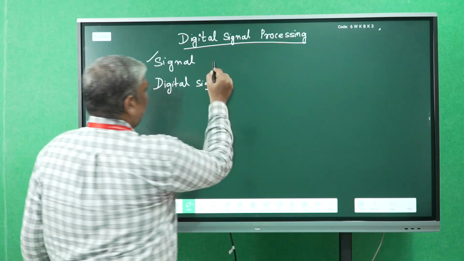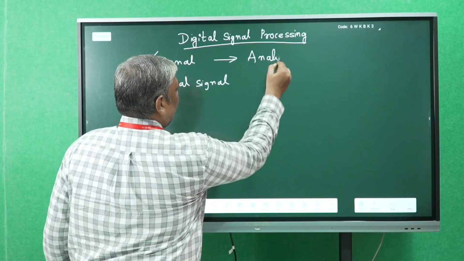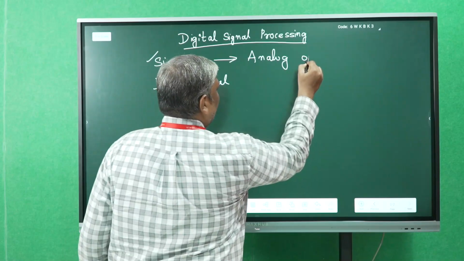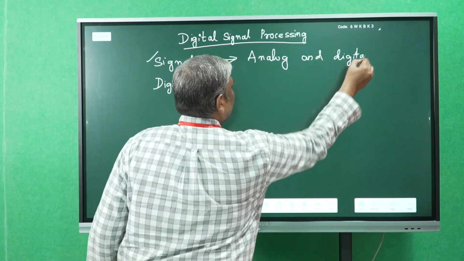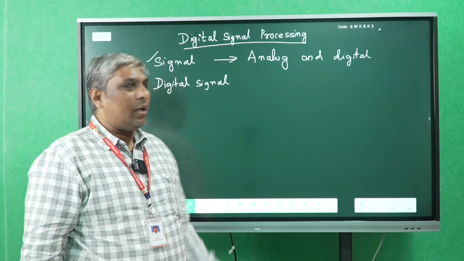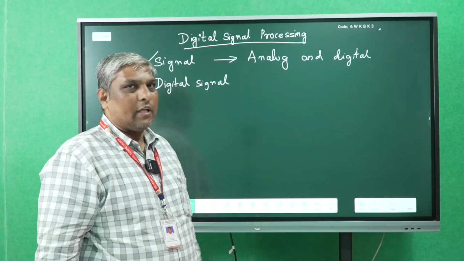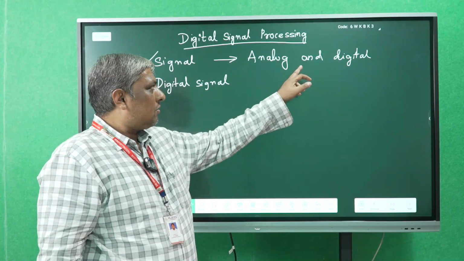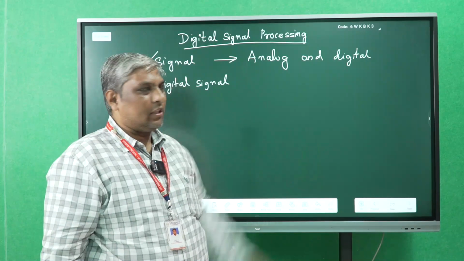So the signals are basically classified into analog and digital. Even though there are so many classifications available for these signals, the basic classification is analog signals and digital signals.